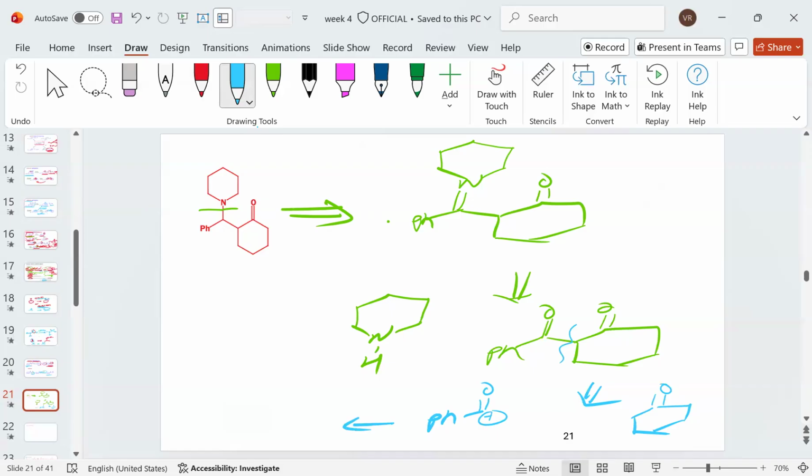And if you look at the linear synthesis for this molecule, this is basically PhCHO. So this can be achieved from this.